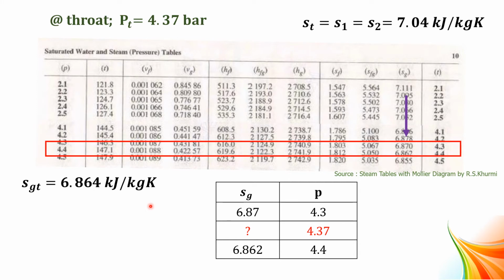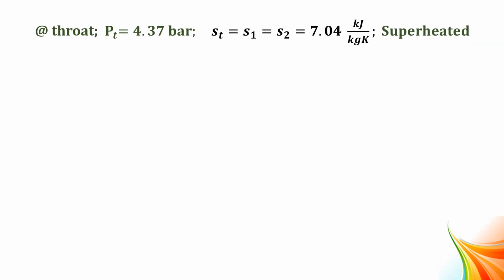Now we have to compare the value of Sg with St. Here the Sg value is less than St, therefore the steam is in superheated condition. At throat, the pressure Pt equal to 4.37 bar and specific entropy St equal to 7.04 kilojoule per kilogram Kelvin.